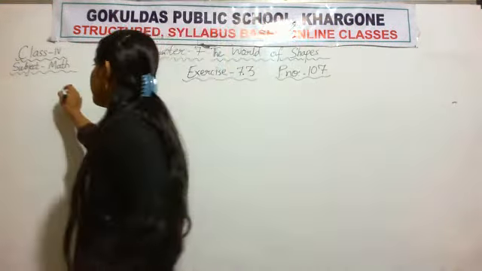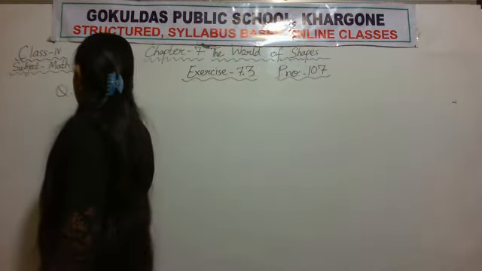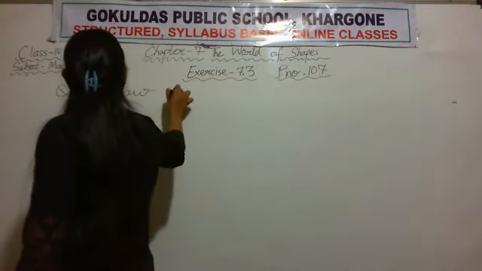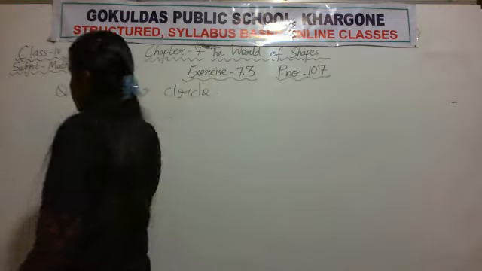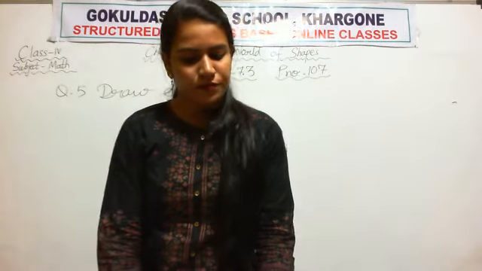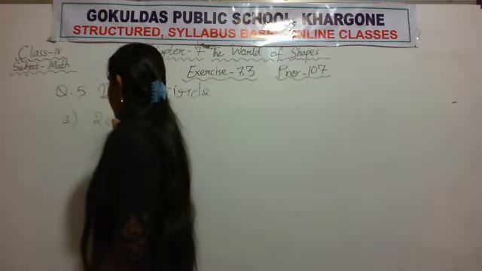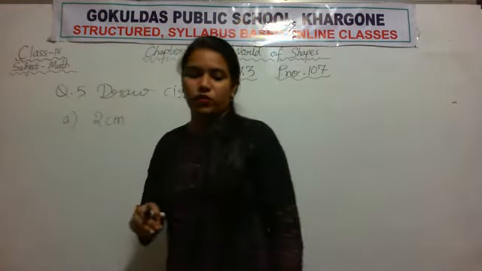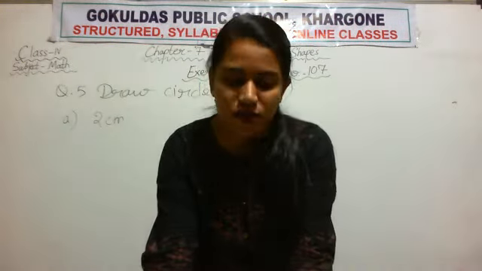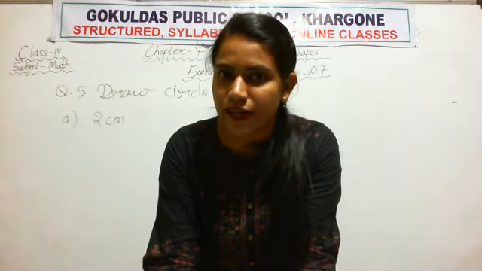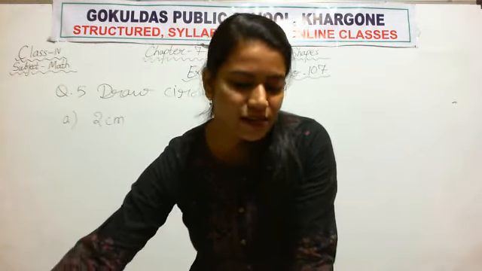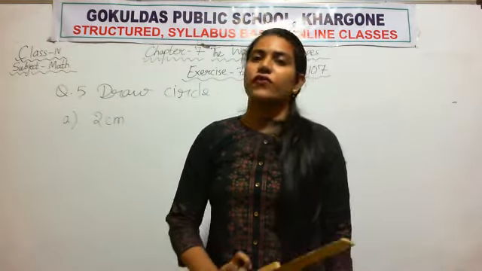Question number 5, draw circles. A is of 2 centimeter. What is the question? Draw circles with the given radii. So the radius is 2 centimeter.